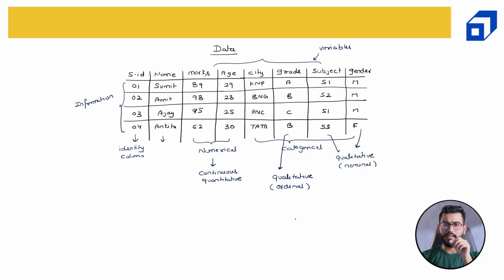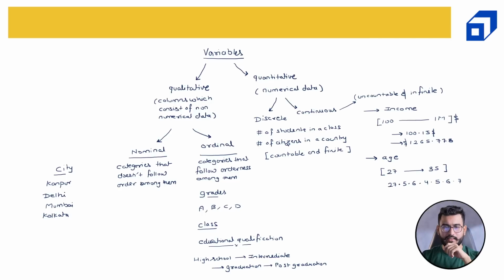So these are two categories and it is nominal. City, again qualitative, nominal. So I'll just write Q-N. So name, again qualitative, nominal. And I have already told you that student ID is basically an identity column. It is neither qualitative nor quantitative. So this is how we describe our data into various types of variables.